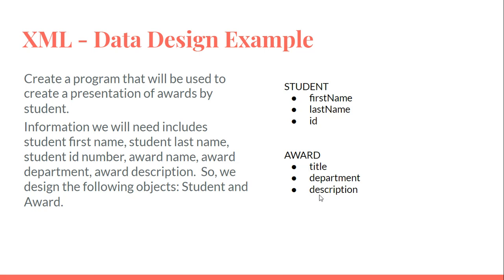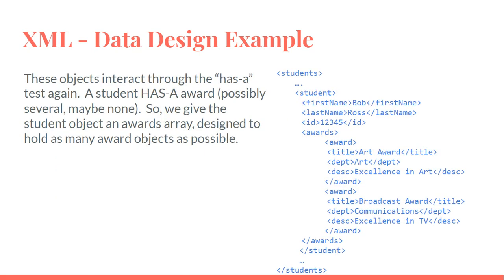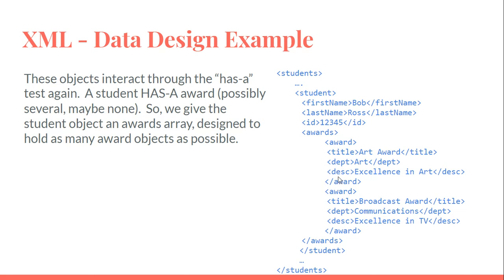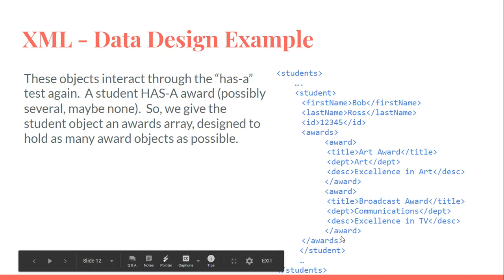And so then, how do I tie these 2 things together? Well, what I do is I make my document, which is the students root element, and in that is a student, first name, last name, ID, and then I give them a list of awards. And so you'll see inside of awards, there's award, title, department, description, award, title, department, description.